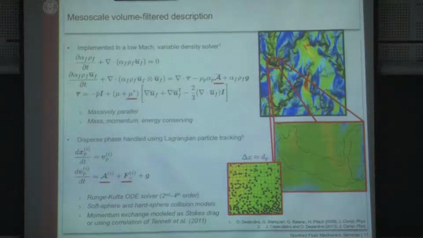And now this method will echo in a way the multi-scale video that we saw before from Schaefer and Gopalan. We'll have the micro-scale process in which we have lots of spheres bouncing off one another. This we will model. The collisions we will explicitly account for, but the momentum exchange between the phases we will model.